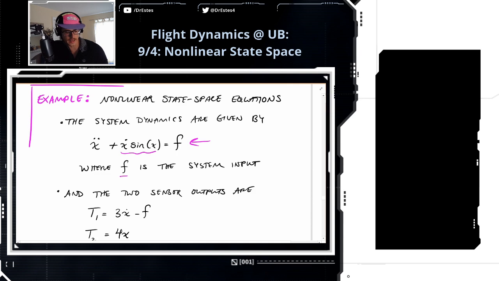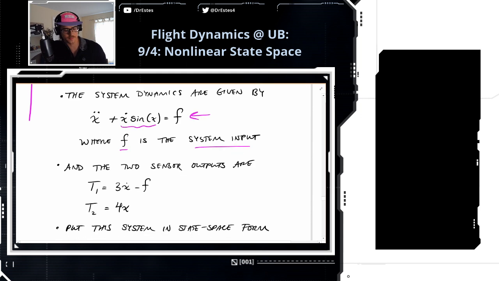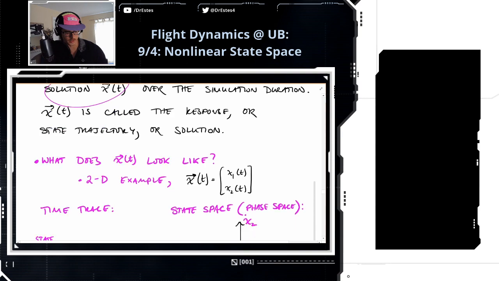I'm defining f as the system input, and then I have two sensors that are monitoring this system. The sensors give me back what I call T1 and T2, which are functions of the states and the input. So what we're going to do in this example is put this in state space form, and I'm going to break it down into a bunch of steps.